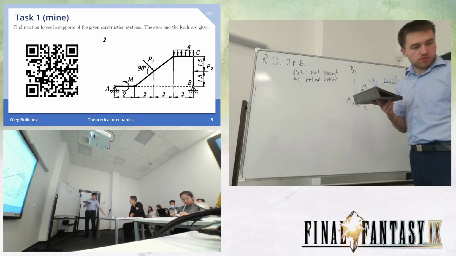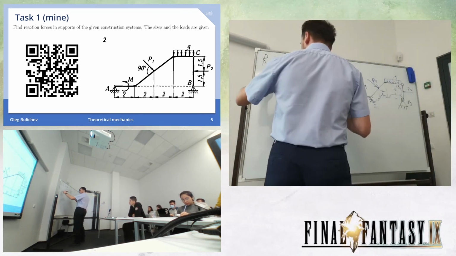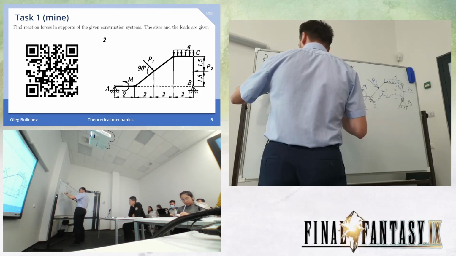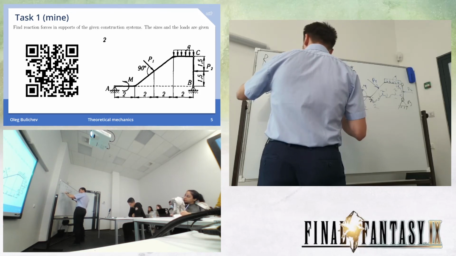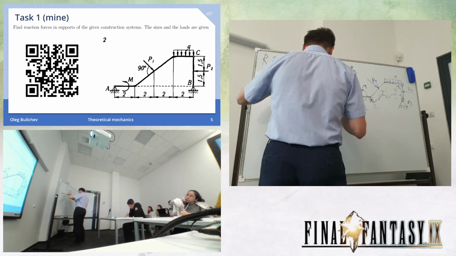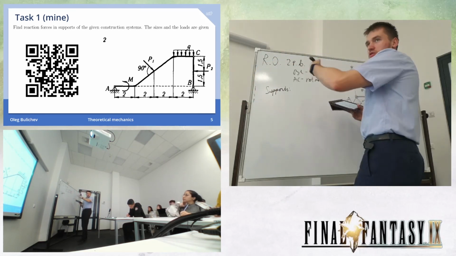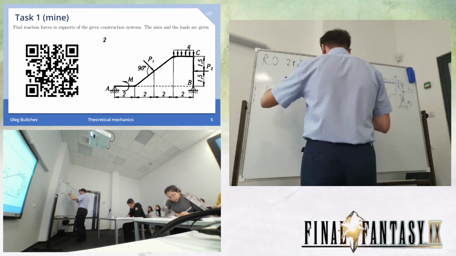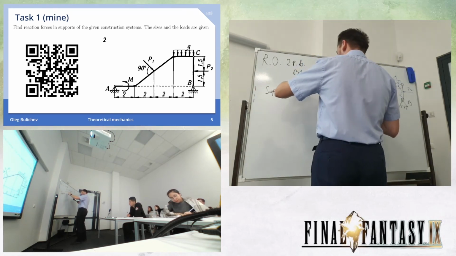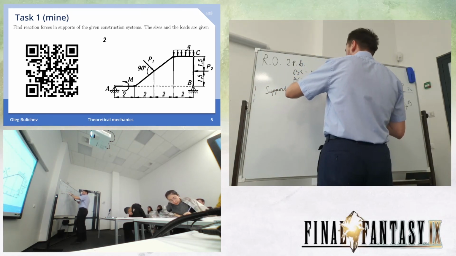So we do it like this. Because all are fixed, we are trying to solve a static problem. So support A, bracket.